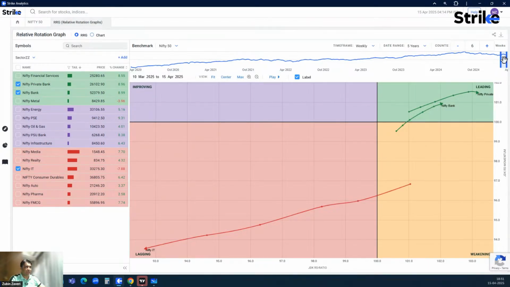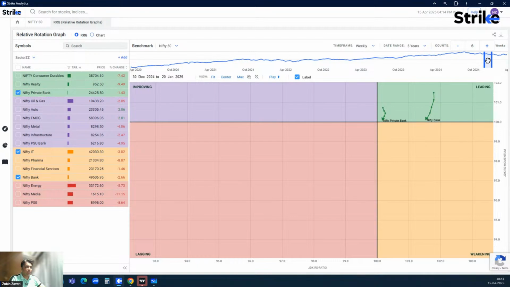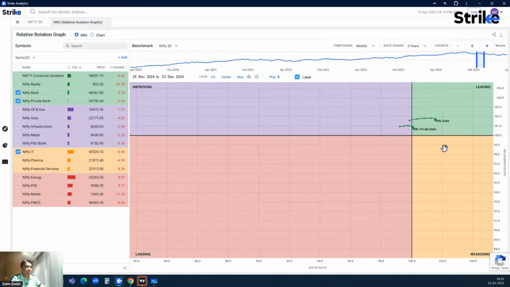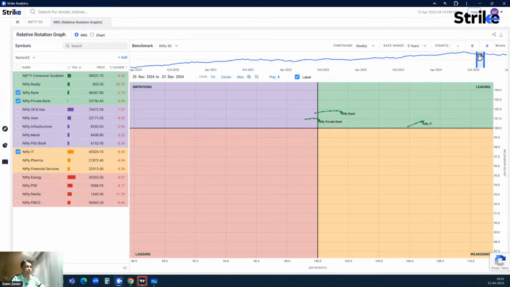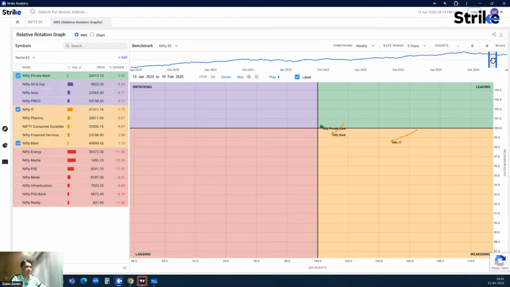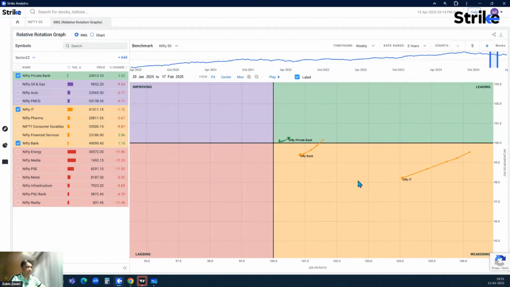So if we go back again in time a little bit, where is IT? IT was over here. Here we have private bank, which is in the leading quadrant already.